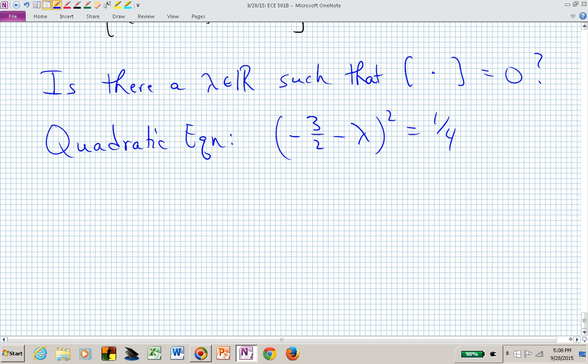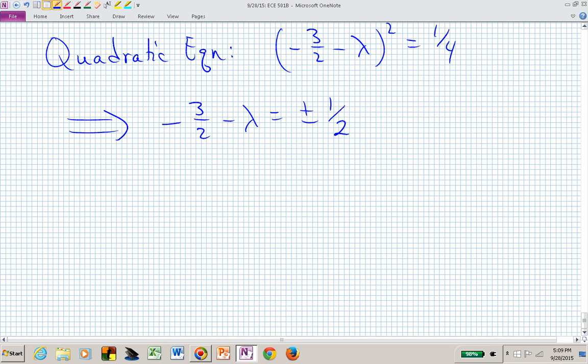I can take the square root of both sides, and the square root gives me a plus and minus root, meaning I have minus 3/2 minus lambda equaling plus or minus the square root of 1/4, which is 1/2. Now I can solve for lambda.